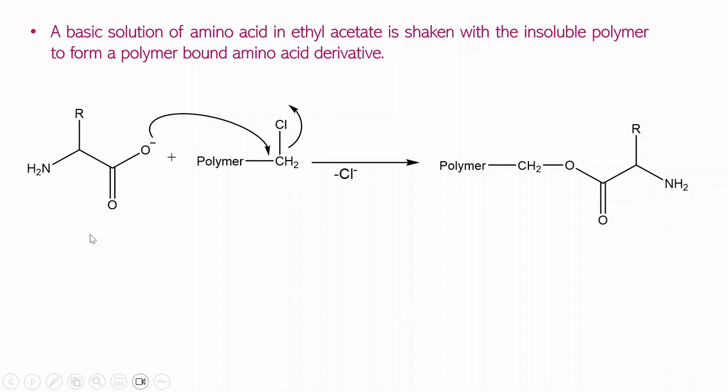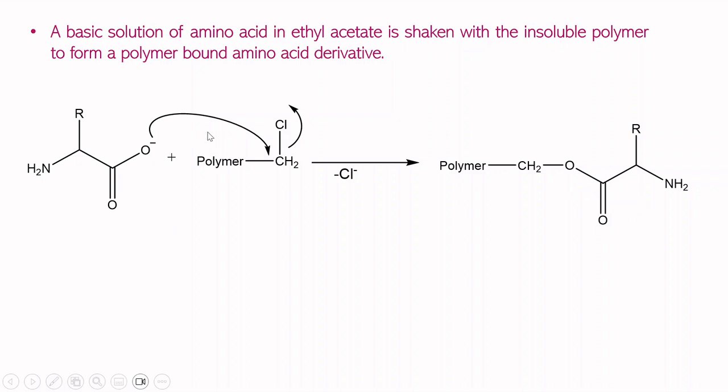So, in the first step, a basic solution of amino acid in ethyl acetate is shaken with the insoluble polymer. In basic solution, the amino acid exists as a carboxylate ion. The carboxylate ion reacts with the polymer in an SN2 manner to form the polymer bound amino acid.